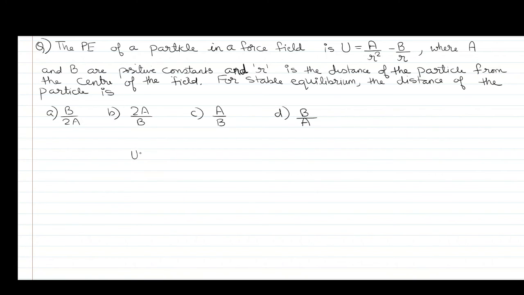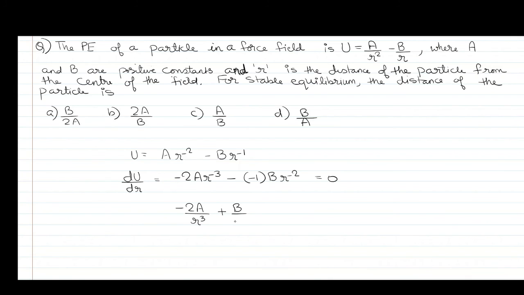So U is equal to A r to the power minus 2 minus B r to the power minus 1. So dU by dr will be minus 2A r to the power minus 3 and minus 1 B r to the power minus 2, and this is 0. So we can get minus 2A upon r cube plus B upon r square is equal to 0.